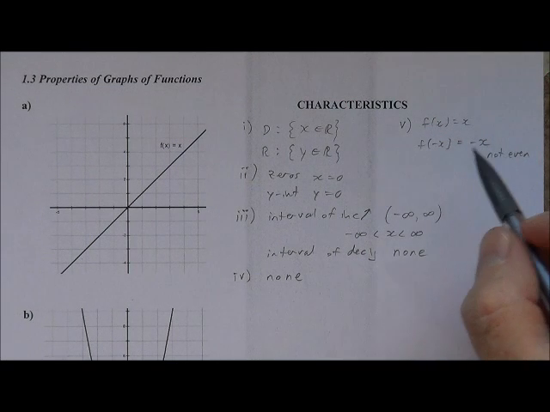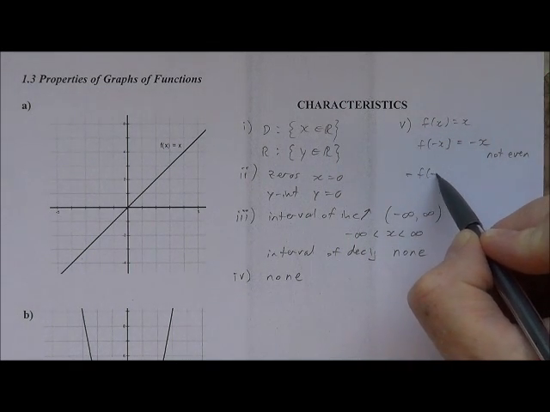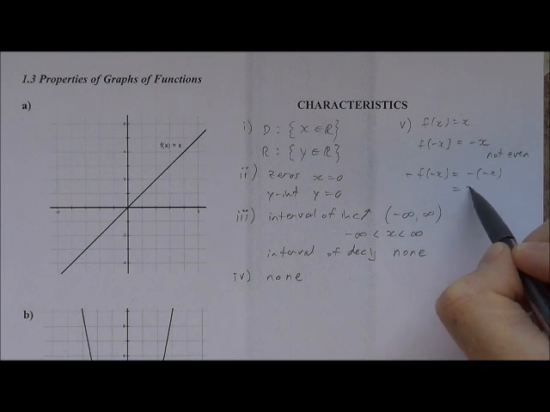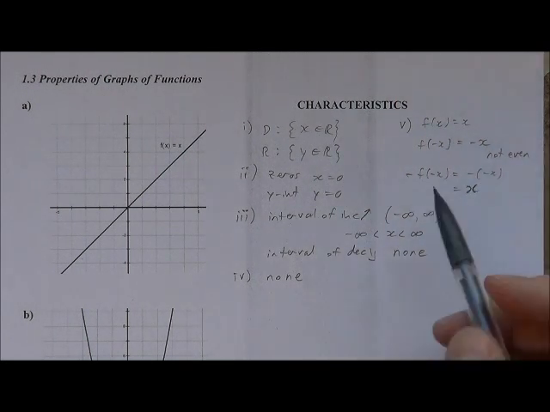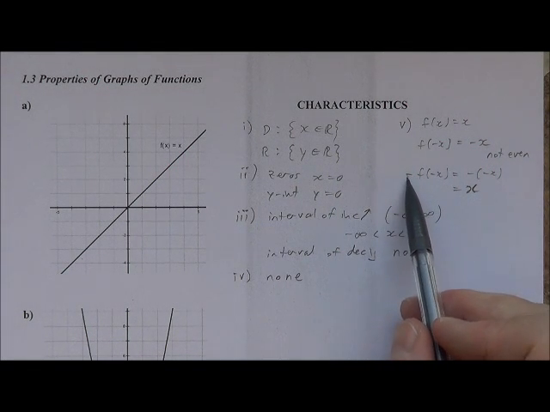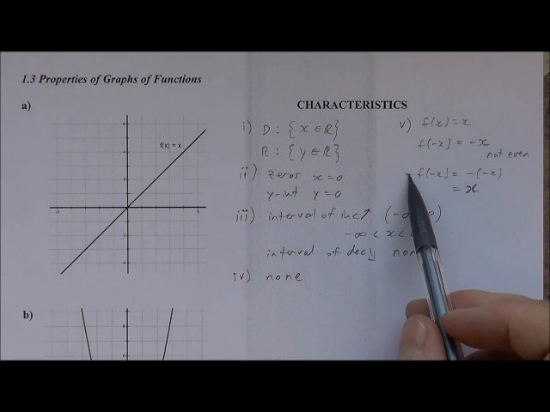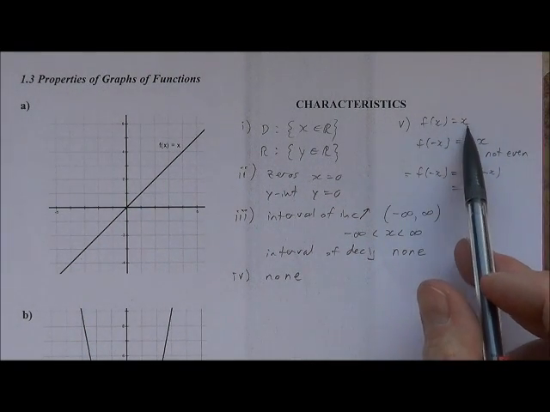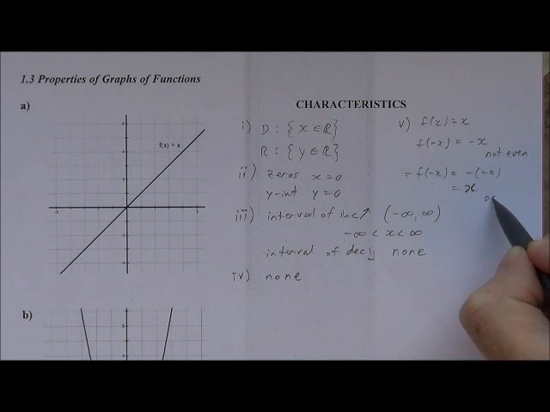So then what we do is we take that and then we multiply it by negative x, and we get x. Here we see that that would then be, of course, a reflection in the x-axis, in terms of our transformations. So we end up getting the original function again. So that means that it is odd symmetry.